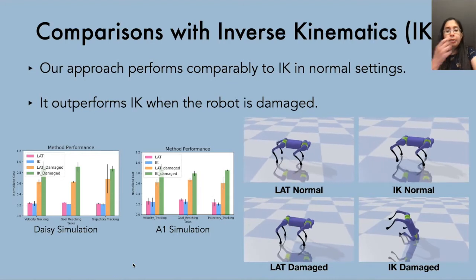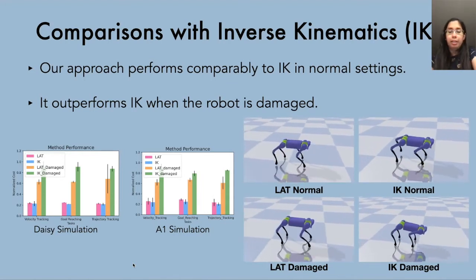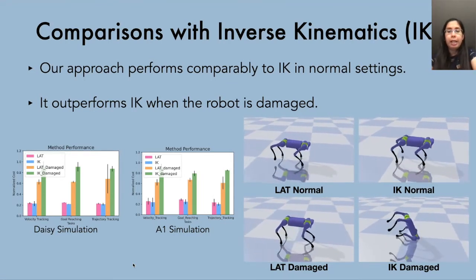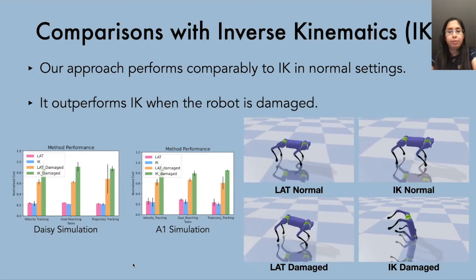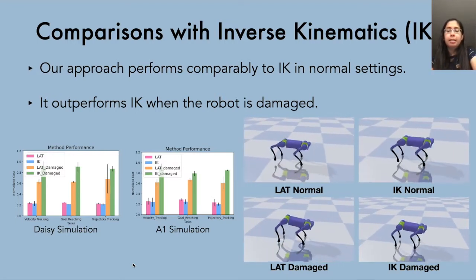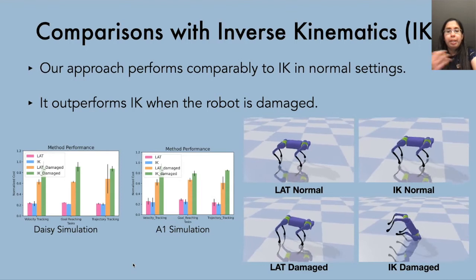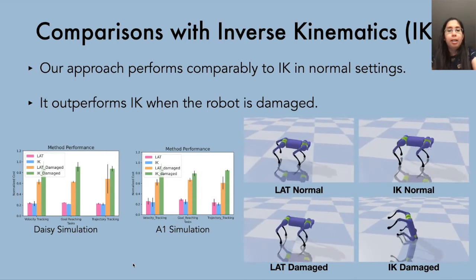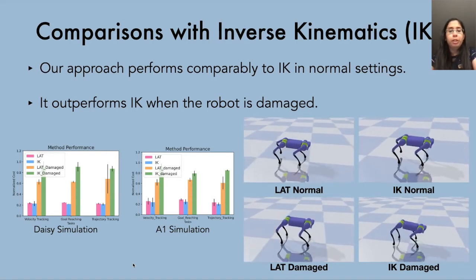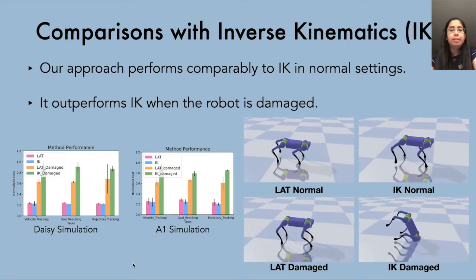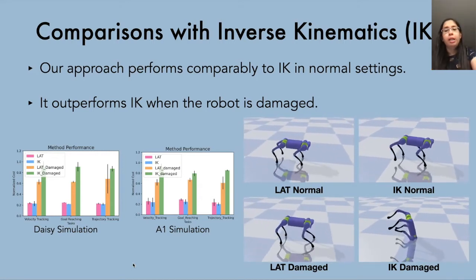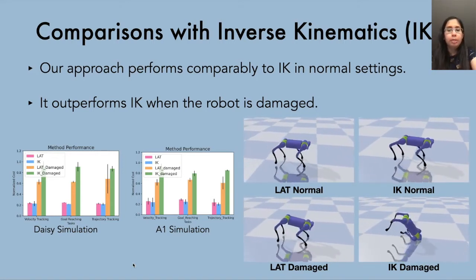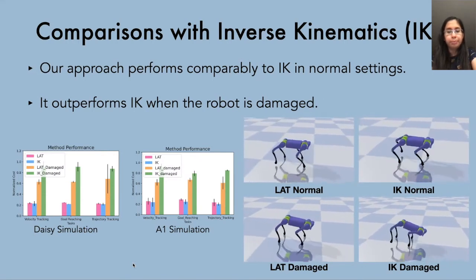And the key insight here was that because we learned our latent representation instead of a hand-designed fixed latent representation for IK, given settings in which the kinematic assumptions are violated, model predictive control is still able to find reasonably good behaviors, while IK suffers significantly more.